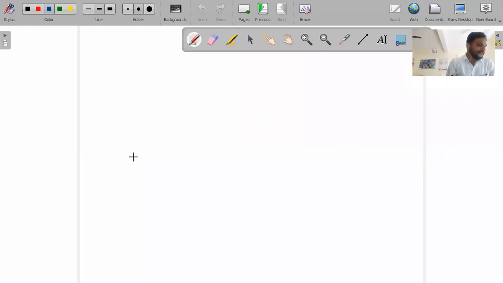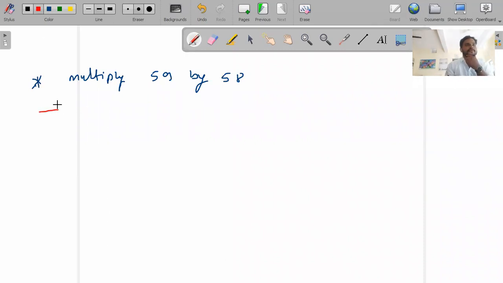Next, multiply 59 by 58. So the answer will be what? I can consider 60 as a working base here. For easiness, actual base will be 10.